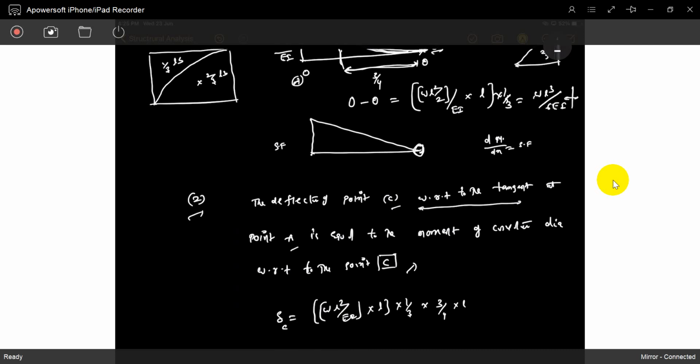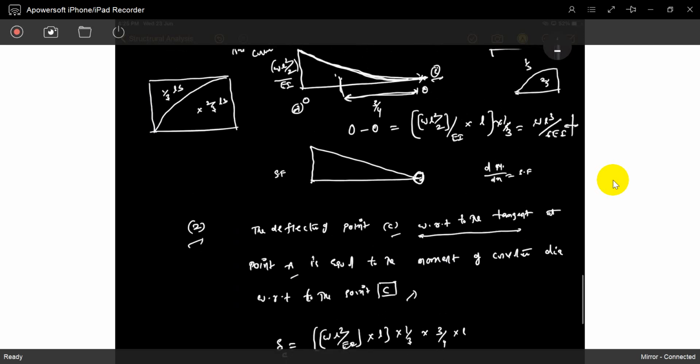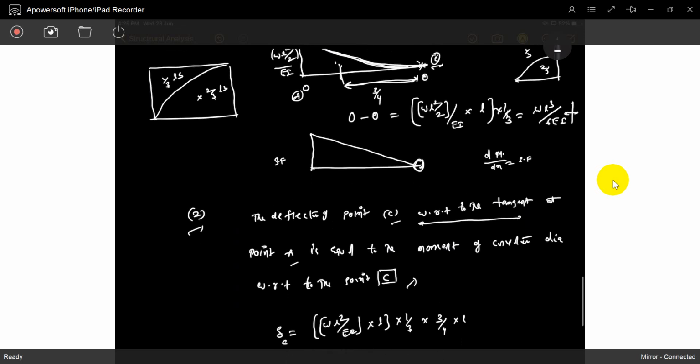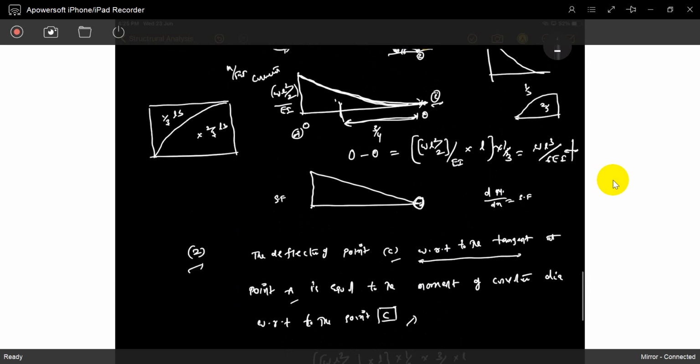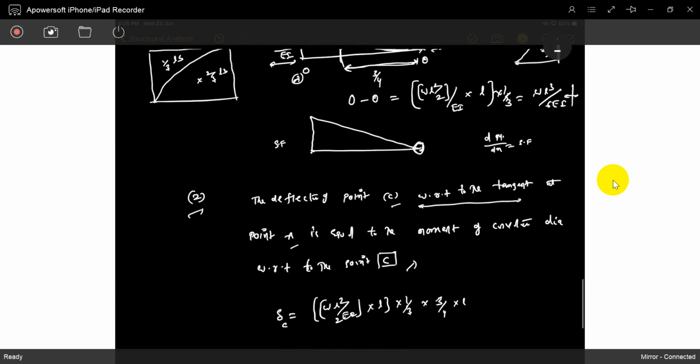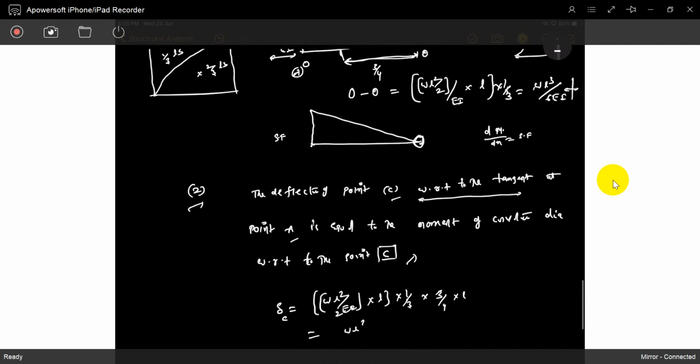WL by 4A, no, it will give 8A. How did I miss this? Where did I miss it? So okay, this is WL square by 2A. See, 3 cancels. WL cube by 8A.